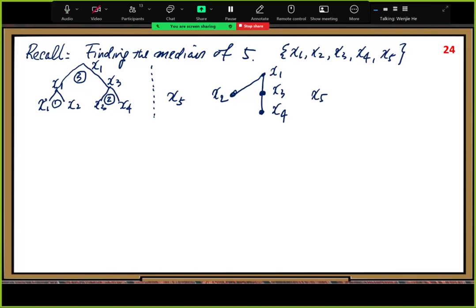Then we apply the elimination method. So after the first round tournament method, the second round is the elimination method.